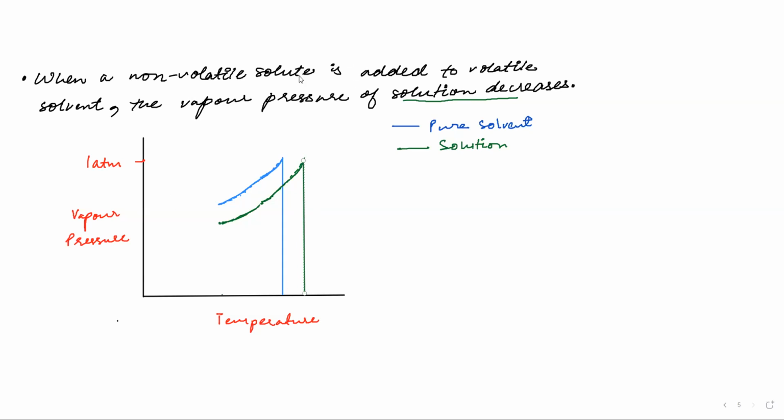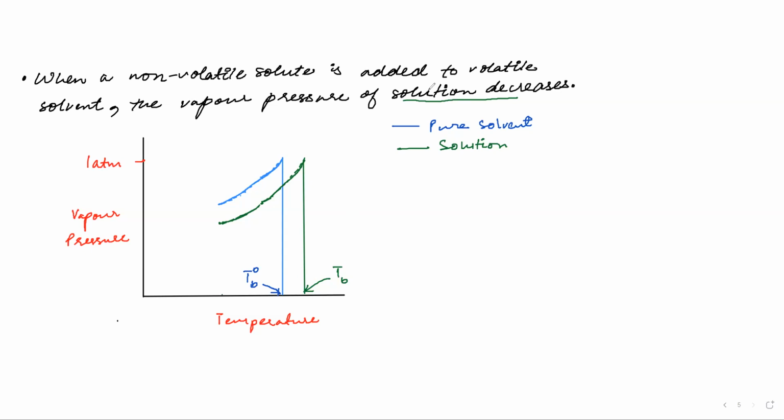This particular temperature is T naught B. Naught means pure, and B means boiling point, so this is the boiling point of pure solvent. This point here is the boiling point of solution, shown as TB.